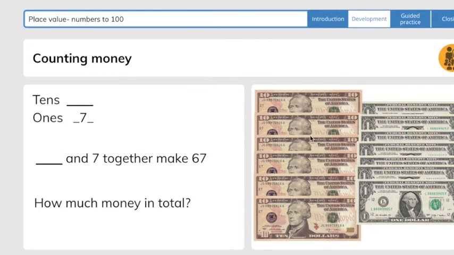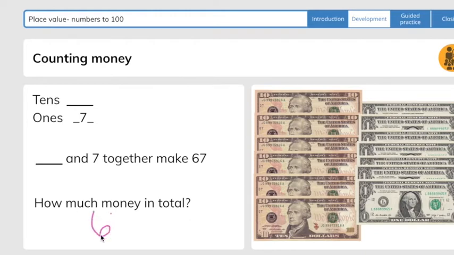Let's look at the money. So let's count these together, okay? 10, 20, 30, 40, 50, 60, 61, 62, 63, 64, 65, 66, 67. How much money do we have in total?